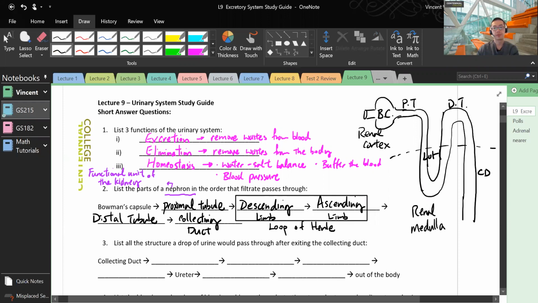The stuff that's inside the nephron, the fluid inside the nephron, is what we call the filtrate. And the filtrate is what will become the urine.